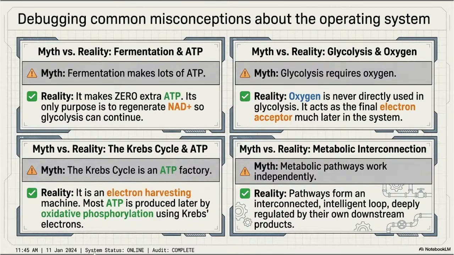Okay, debugging major misconceptions about the operating system, that is the myth surrounding fermentation and ATP. Some people believe that fermentation makes a lot of ATP. No, it makes zero extra ATP. Its only purpose is to generate NAD+ so glycolysis can continue. Then the myth surrounding the Krebs cycle and ATP.